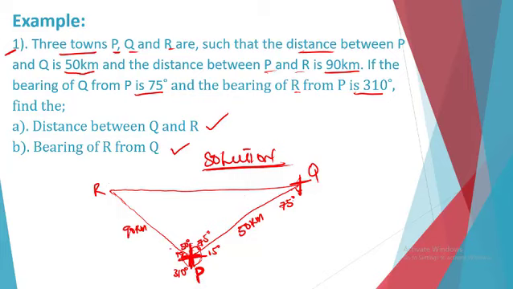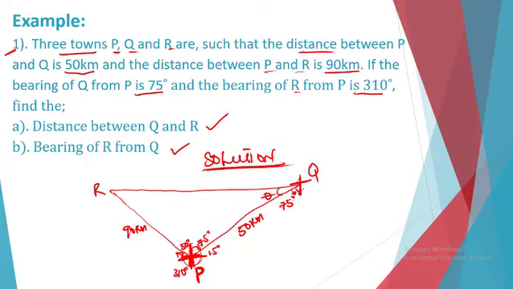So we've gotten our R, our Q, and our P, and we are asked to find the distance between Q and R, this line, and the bearing of R from Q, that is from here to here. Let's call it theta, since we don't know the value.